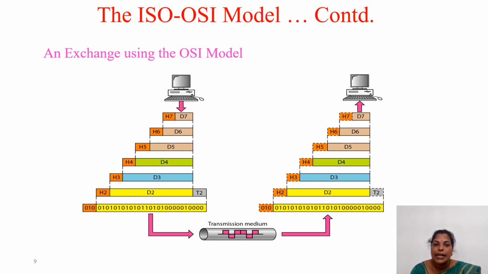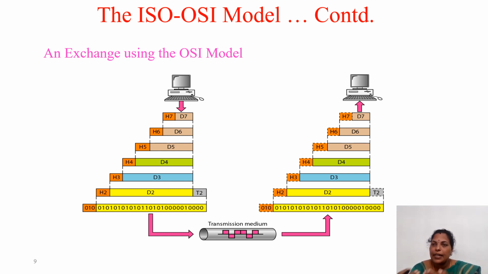The data and header are passed to the next layer, that is the presentation layer. So here the application layer is getting the service of the presentation layer. The presentation layer will treat D7, H7 as data. D7 is the actual data, and H7 is the header of that particular layer.